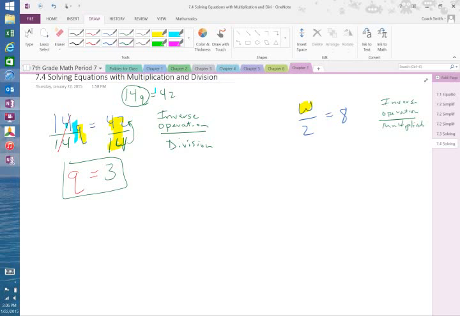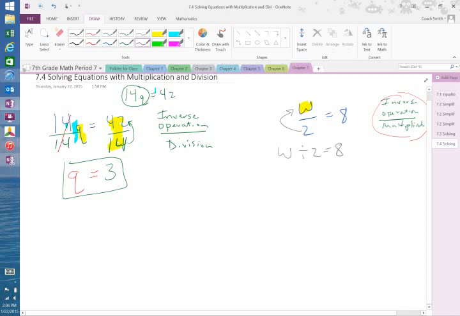Okay. All right, W over 2 equal 8. As I stated here, the inverse operation we need to use for solving this one is multiplication. So here, we are dividing by 2. Understand that this problem is the same as the first problem.